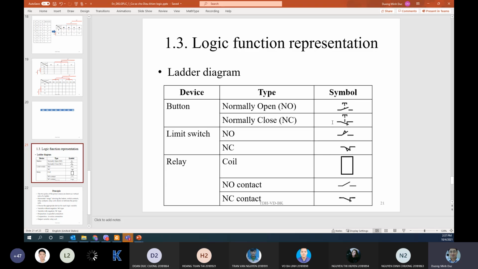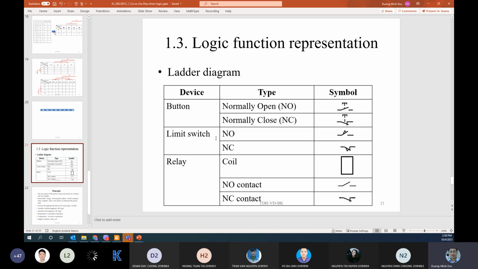The second device is the limit switch. The limit switch is one kind of sensor but it only has two states, open or closed. Like a machine moving, when the mechanism touches the limit switch, the limit switch is closed.